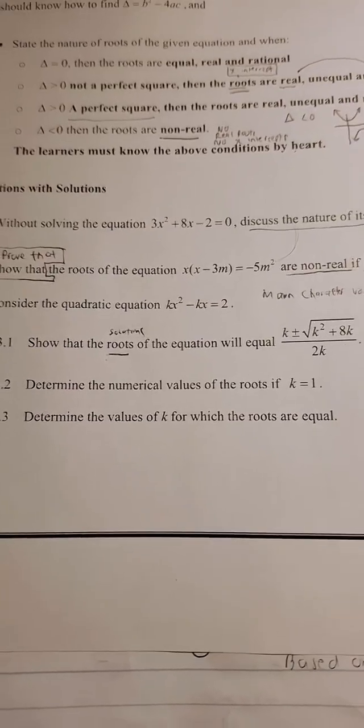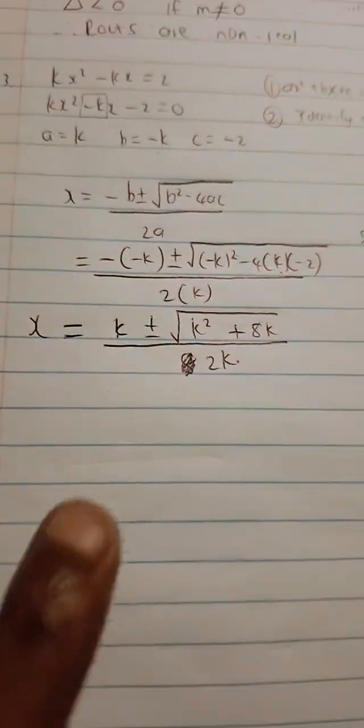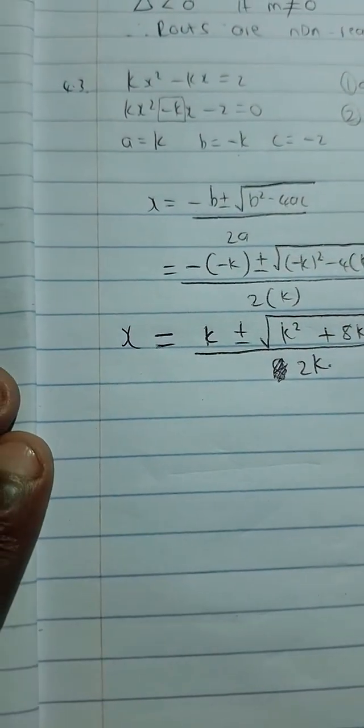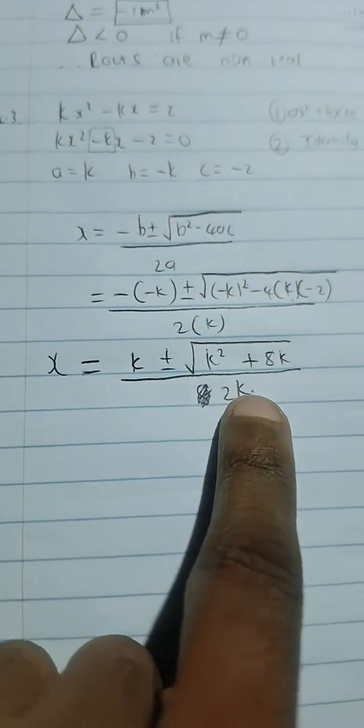Okay. So this thing of in terms of another variable means that variable needs to feature in your solution. So for that equation that young man asked, you will find that x will be equal to, but n will feature here because the answer is going to be in terms of n, right?